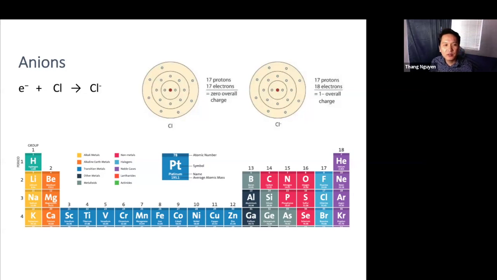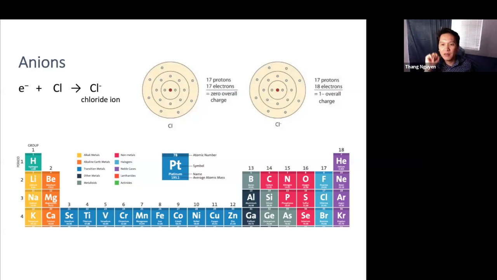And then to differentiate between the chlorine atom and a chlorine negatively charged atom, we give it a different name. Instead of calling it a chlorine, we call it a chloride. So cations don't have this name change, but anions will have this name change. Okay, so elements on the right-hand side, when they become an anion, will drop their -ine ending and add in an -ide ending instead.